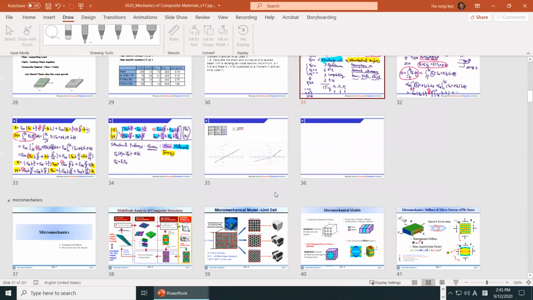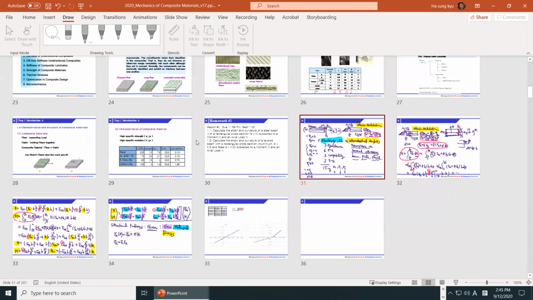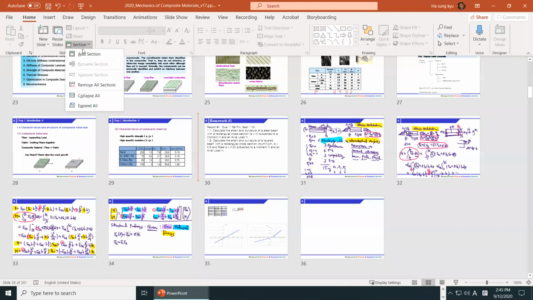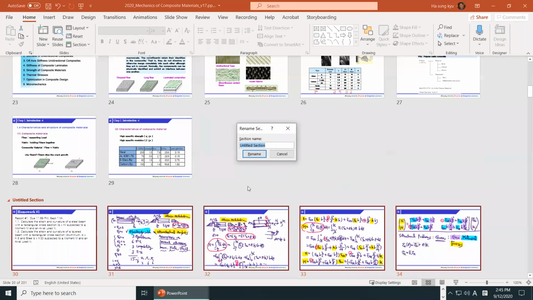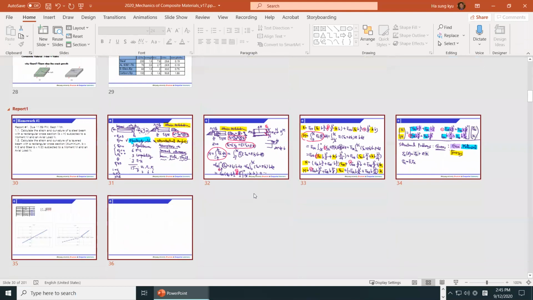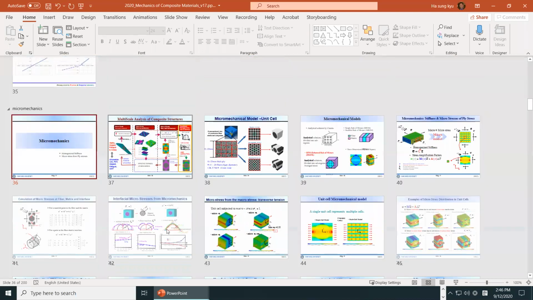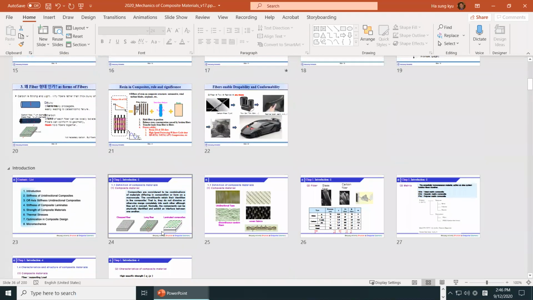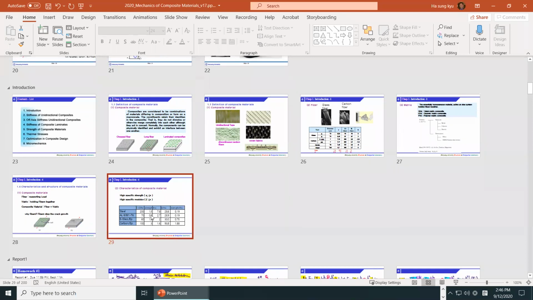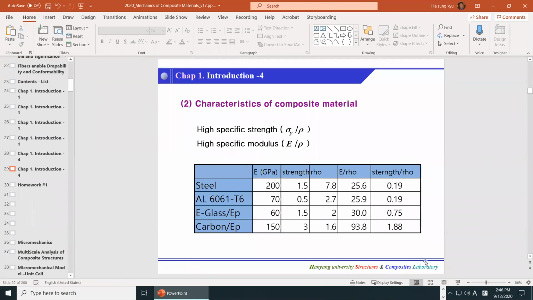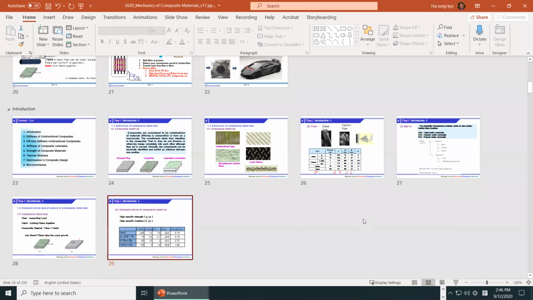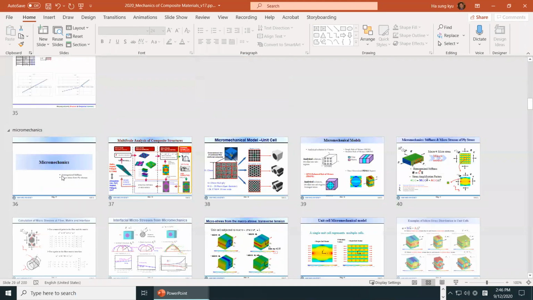Today, as a continuation of the last class, we briefly reviewed the fiber property and resin property and so on.